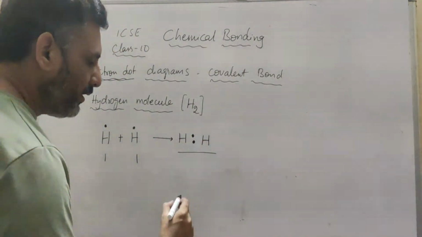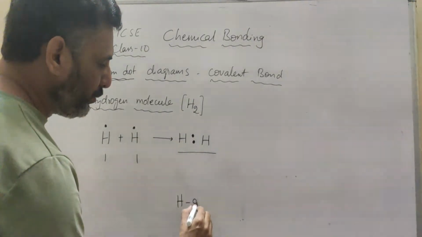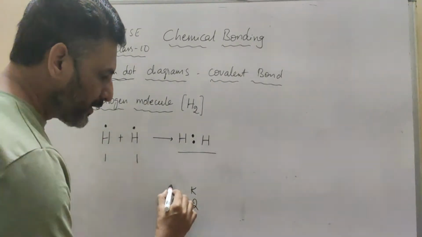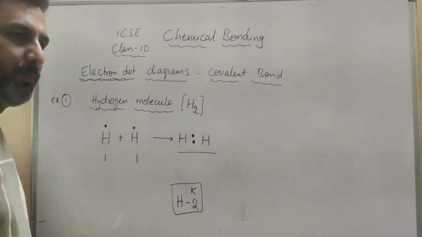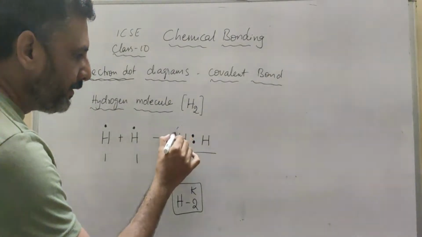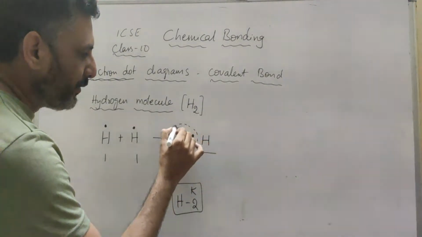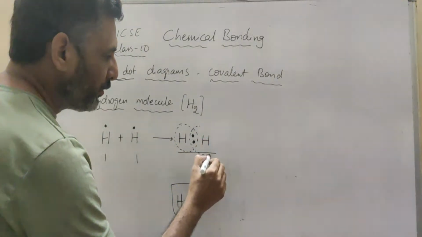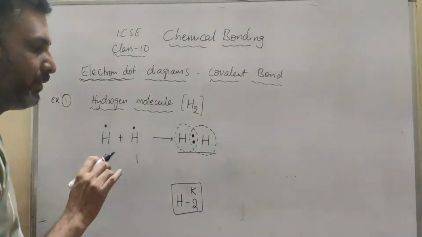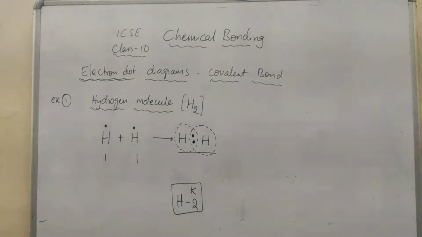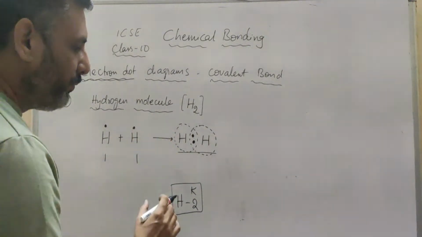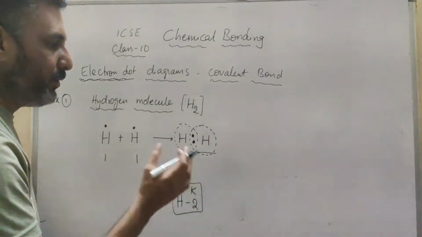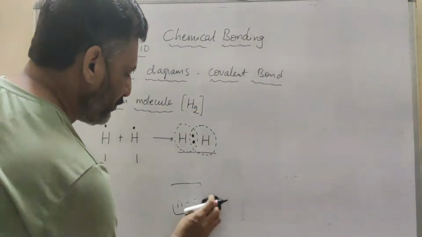So now if hydrogen has two electrons in the K shell, this becomes stable. Those two electrons belong to this hydrogen and they belong to this hydrogen as well. So now what happens? Each hydrogen will be feeling like it has two electrons in the K shell. So it becomes stable.